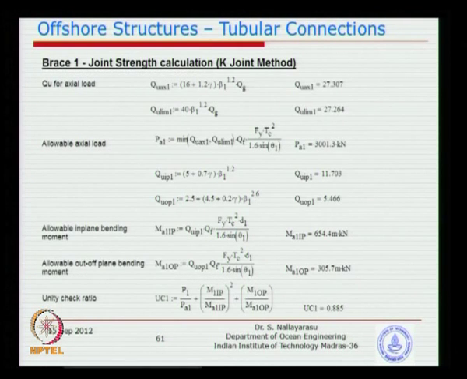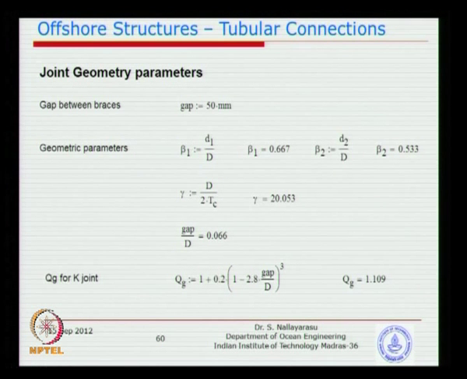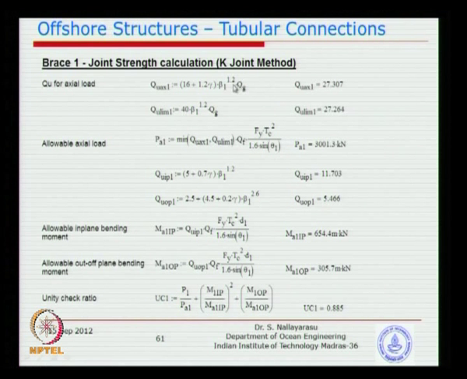Also do a comparison. If you are asked to find the unity check, or the capacity of the joint, you just need to go back and calculate the geometric parameters, go to the QU values, and find QU from your beta values. If it is a K joint you will have the QG multiplication there.